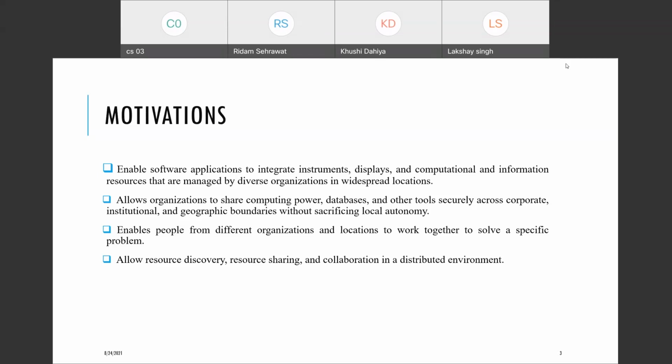So same here, whenever we are working with the system, it may be possible that a few things are situated in one lab, another in another lab, and we want to use all of them, and they are physically at distant locations.